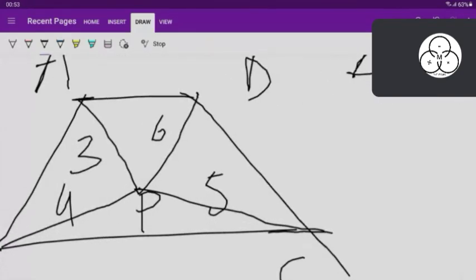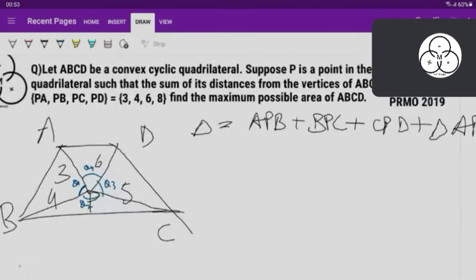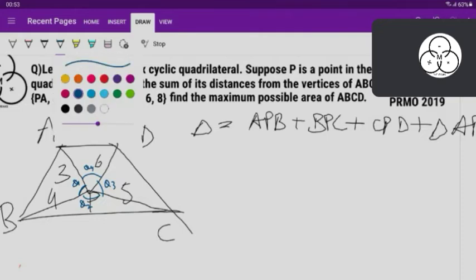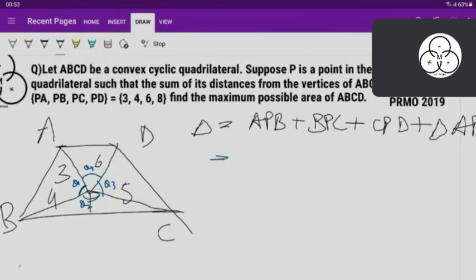Now what are the areas of these triangles? We're having two sides. So let us assume here the angle is theta 1. Here this is theta 2. This is theta 3. This is theta 4. Very simple. So the area will be half into 3 into 4.